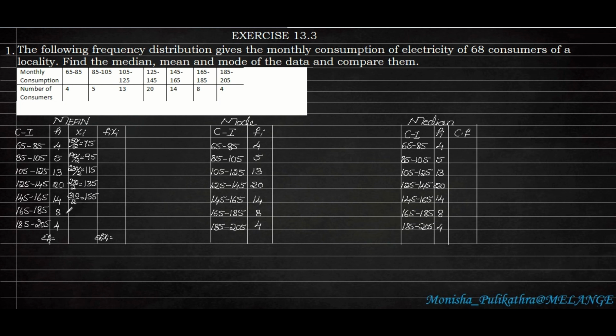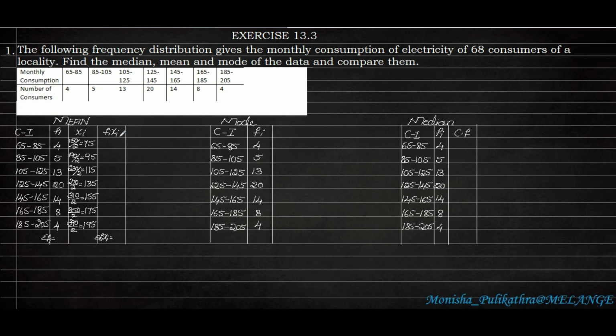So next 165 plus 185 is equal to 350. 350 divided by 2 is equal to 175. So next is last one, 185 plus 205 is equal to 390. 390 divided by 2 is equal to 195. So these are the midpoints: 75, 95, 115, 135, 155, 175 and 195.